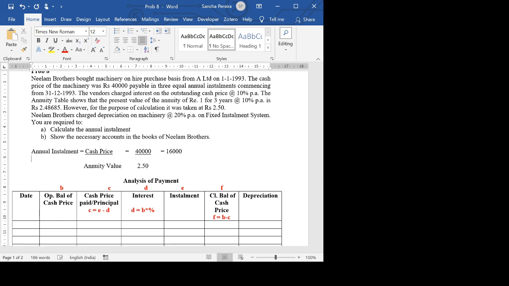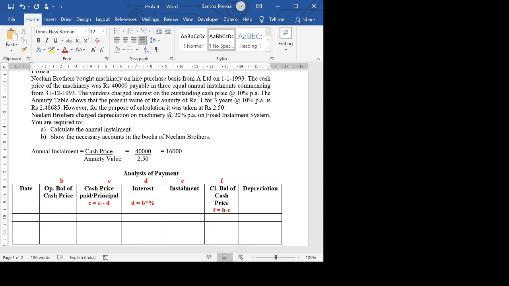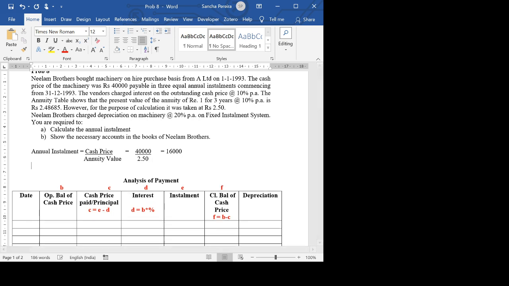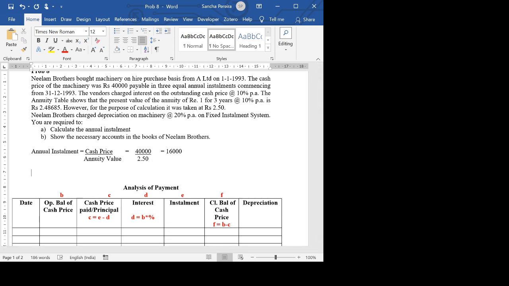Now let's look at the logic of it. The only difference here is that in the annuity tables you would take figures individually for 3 years at 10% interest, and if you put those individual figures together, you get this.